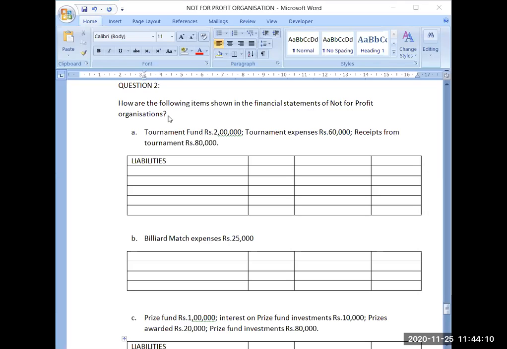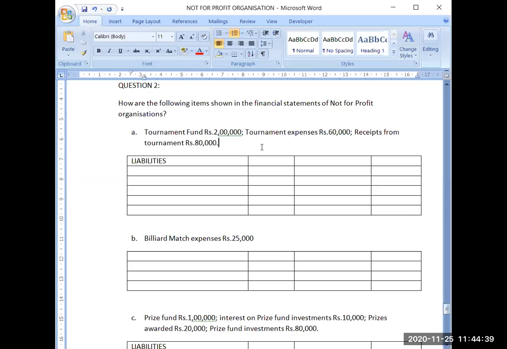The first question gives tournament fund rupees 2 lakh, tournament expenses rupees 60,000, and receipts from tournament rupees 80,000. So basically you are given a fund, and we have discussed that a fund will be shown on the liability side of the balance sheet.